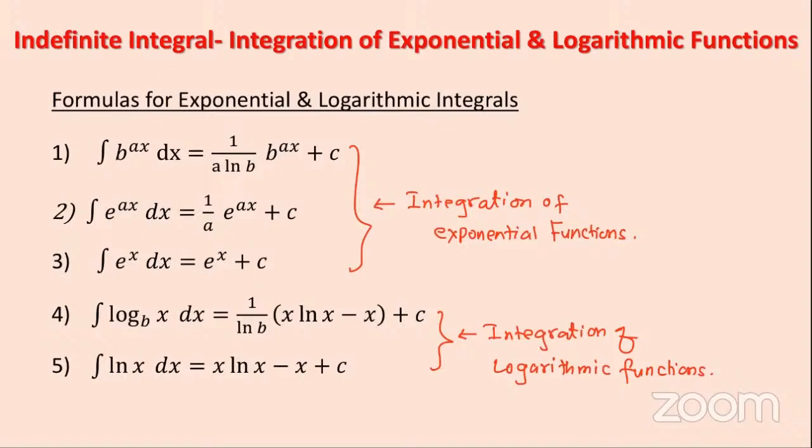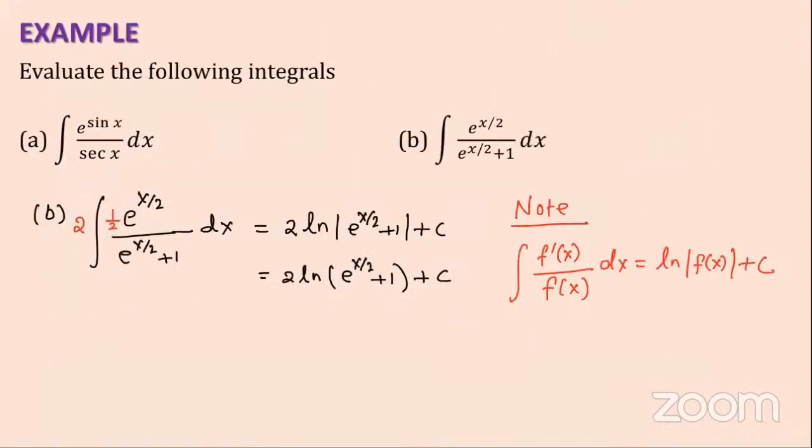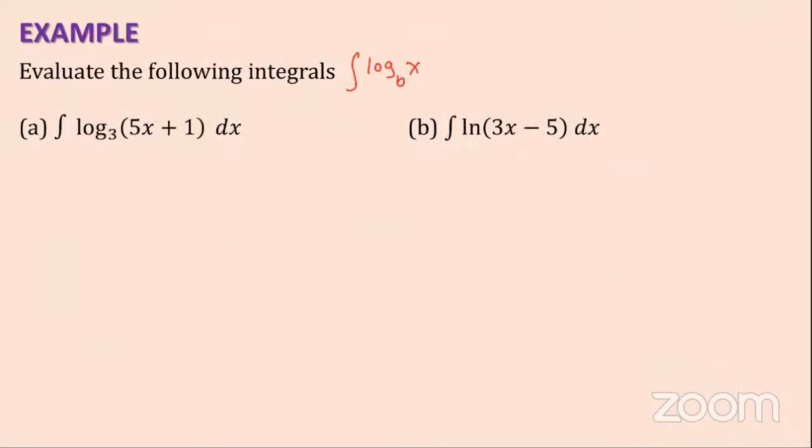It will be x natural log x minus x, and you divide by log b, okay? So this is equal to x natural log x minus x over natural log b plus c. That is the formula.